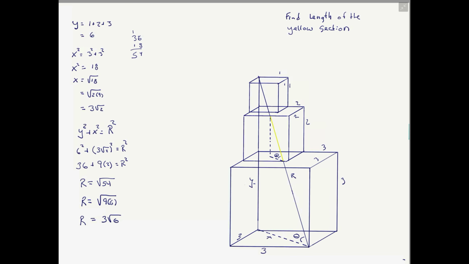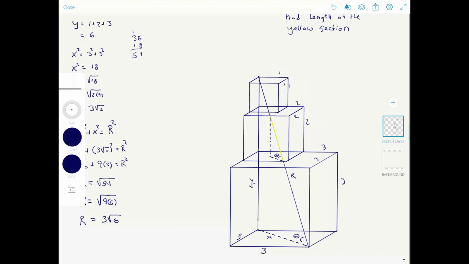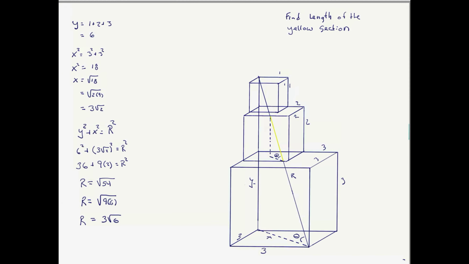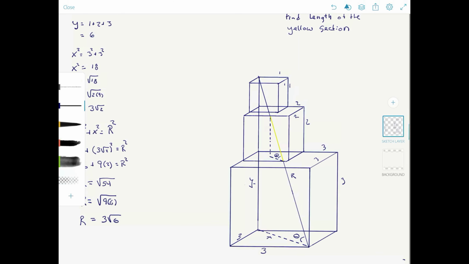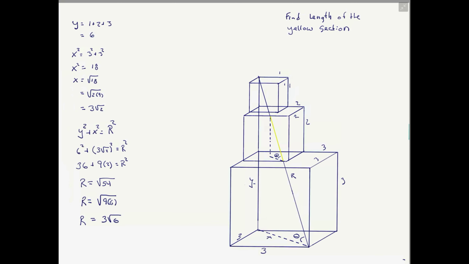So r equals the square root of 54, which happens to be 9 times 6. So r equals the square root of 9 times 6, and that is 3 times the square root of 6. So that is our hypotenuse. Now we know that y over r is the sine of theta.